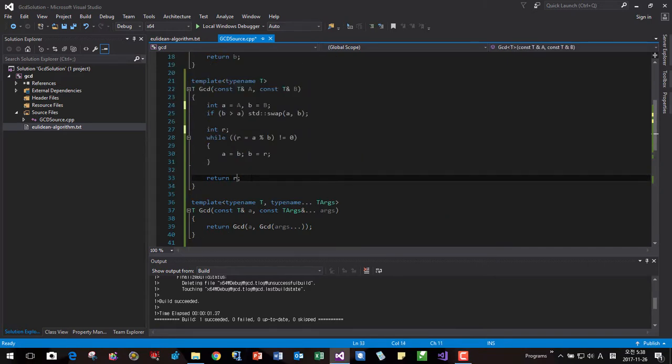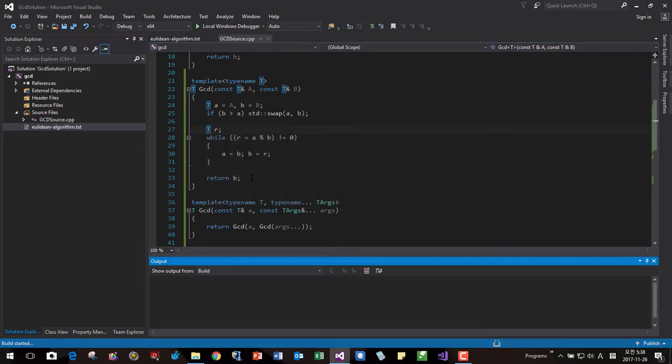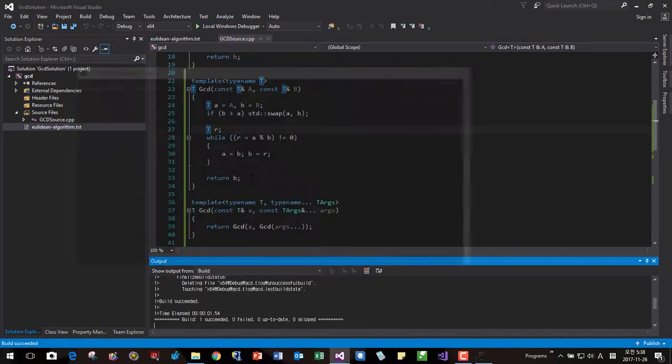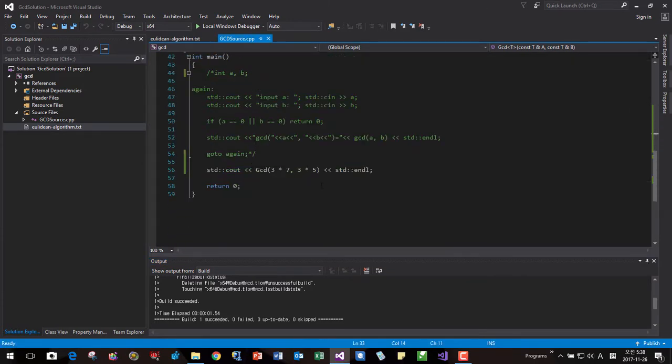Sorry, I made a mistake here. It should be B. And it should also be T, and it should be T. Now let's try again. Okay. Now it works.